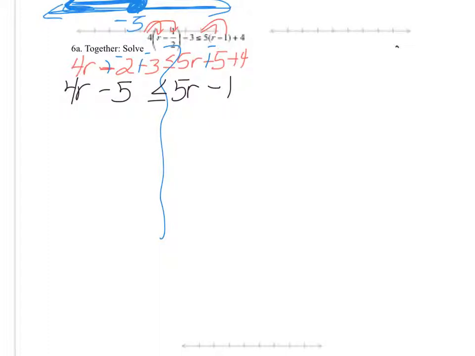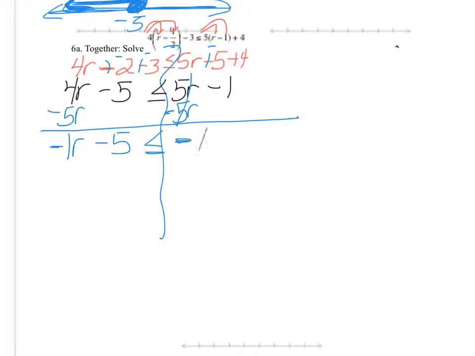Now I'm going to combine my variable terms. So minus 5r, minus 5r. I get negative 1r minus 5, less than or equal to negative 1.